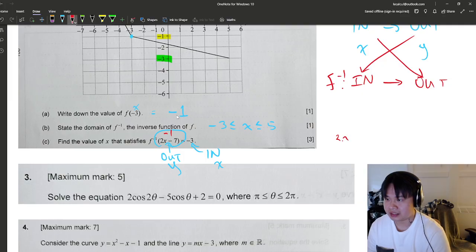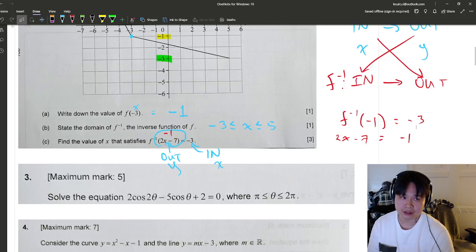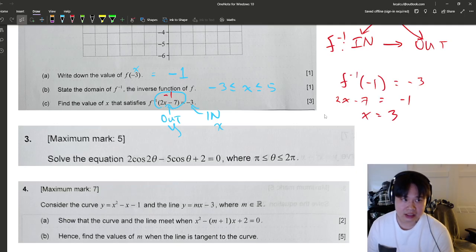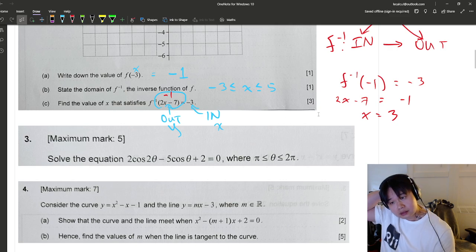So 2x minus 7 is -1, because I know that if I put in -1, I should get -3. Because if I put in -3 in the original, I get -1. Okay, and then you go find x. What the heck is this? So this goes there, so like 3, I guess. Yeah, that makes sense.